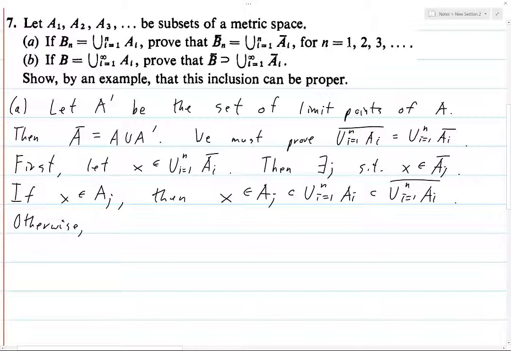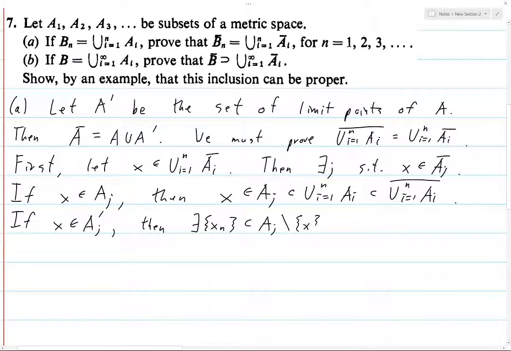Otherwise, if x is a limit point of A_j, then there exists a sequence x_n contained in the set of elements of A_j not being equal to x, such that x_n goes to x.